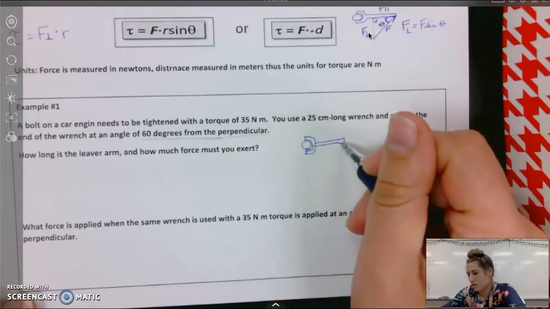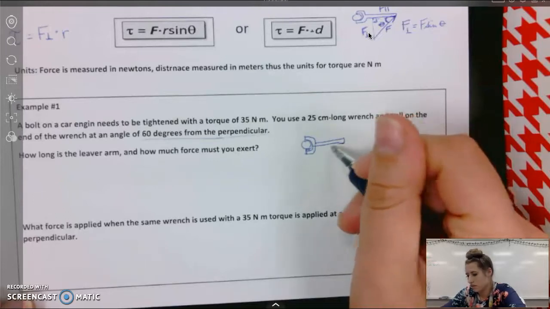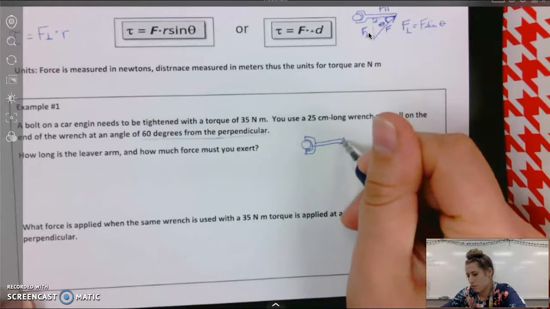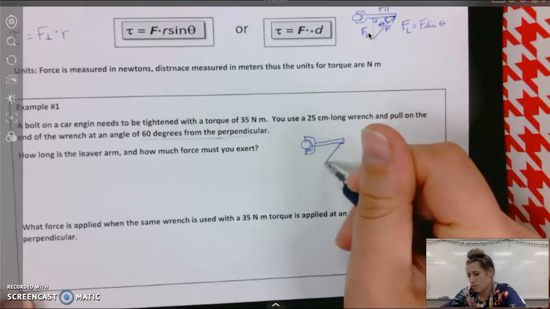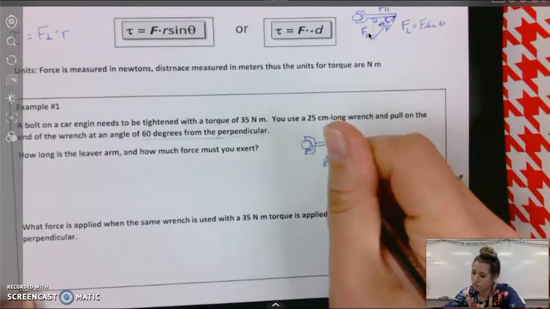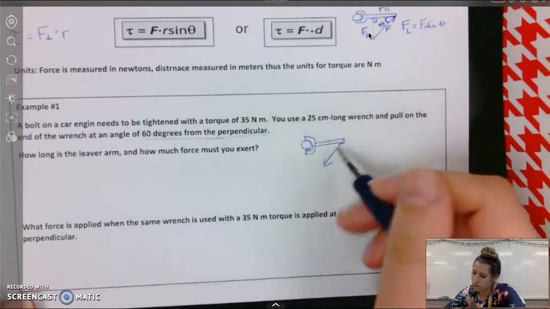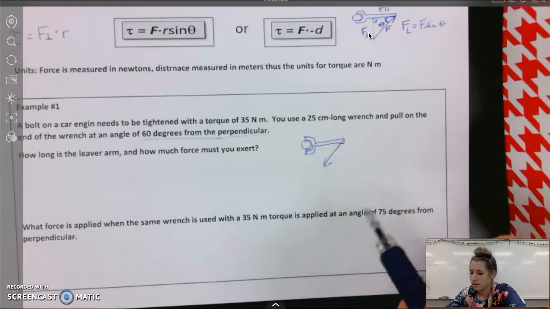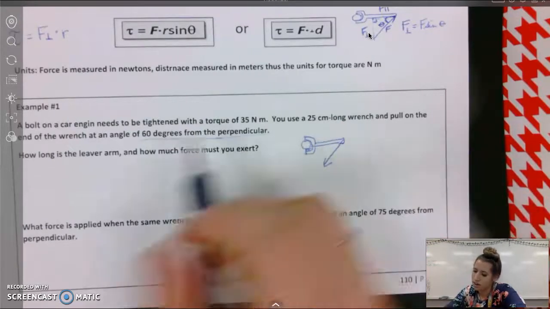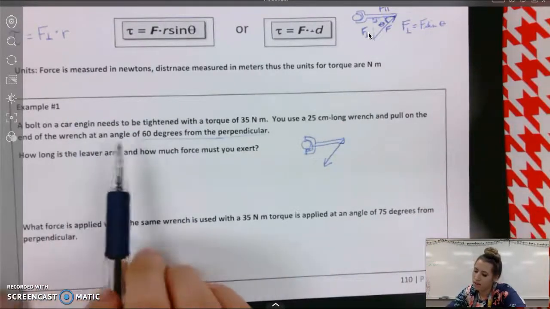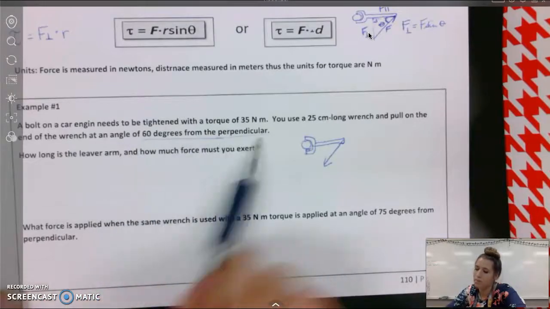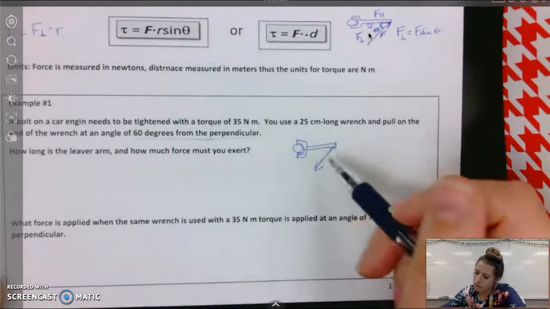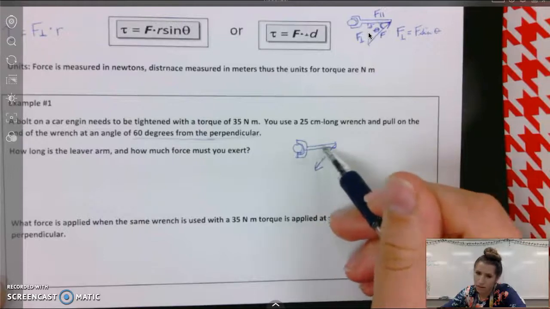Okay, so we are pulling with a force on this wrench here. And it's telling us that we're pulling at an angle of 60 degrees from perpendicular. So this would be parallel, right?